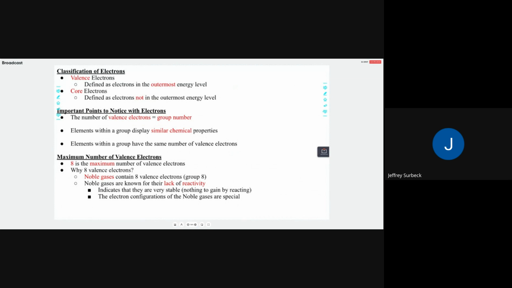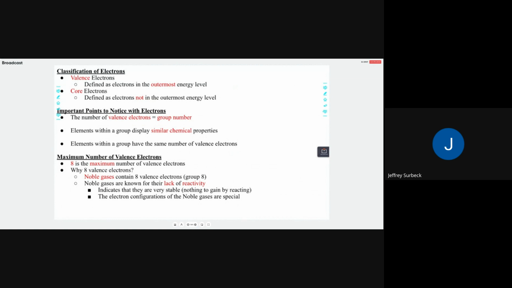Now, valence electrons are going to equal our group number. And I already described group number 16. Technically, it's 16 minus 10 is the number of valence electrons. Sometimes we will identify that particular trend. The other thing is this. If an element is in the same group, it's going to have the same valence electrons, and it's going to have very similar chemical properties.